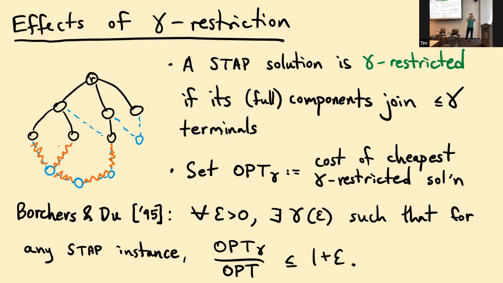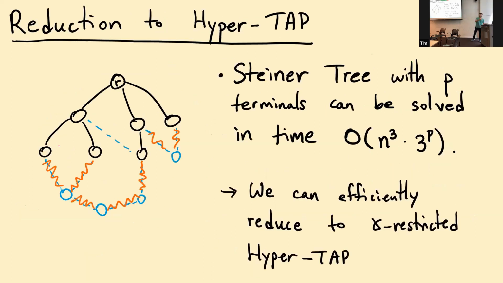When I say constant, you're right, it's exponential in epsilon, but it's independent of n. So for any constant epsilon, gamma is a constant. You join at most gamma terminals in each full component, and that allows us to efficiently get the equivalent hyper-TAP instance. So yes, you can efficiently compute, approximately, the optimal gamma restricted solution.